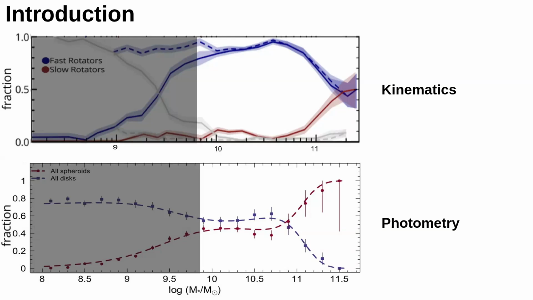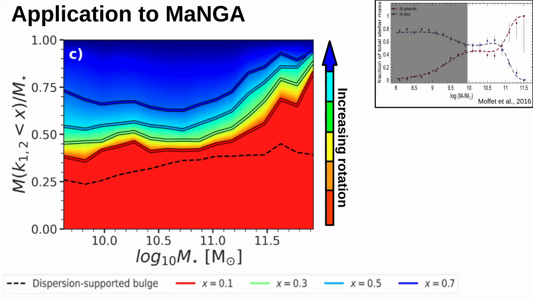Okay. Now, since we have the kinematics both of the individual components of the system as well as of the overall galaxy, we can reproduce these two diagrams by including kinematics as a third axis. And this is the way we thought of doing that.